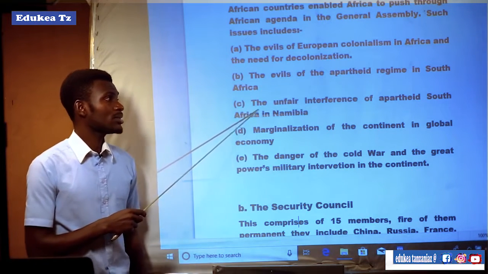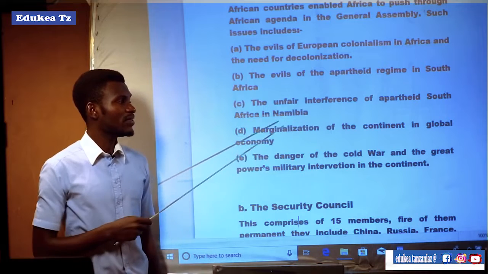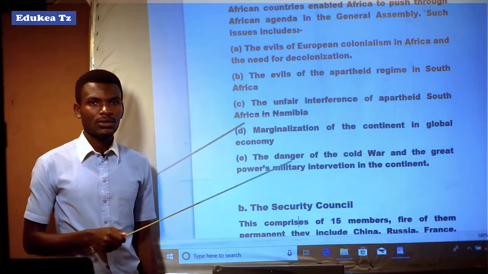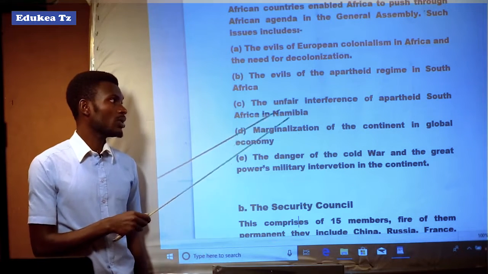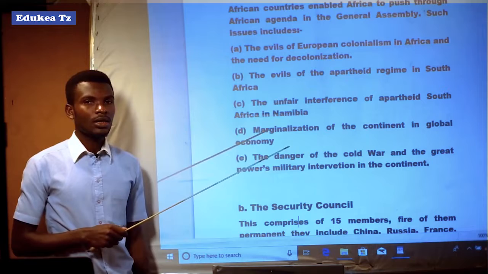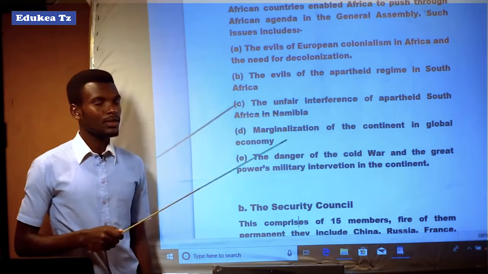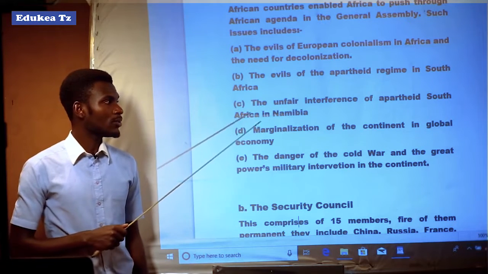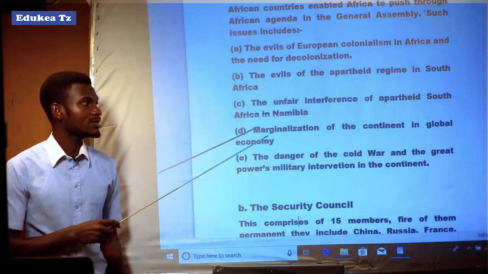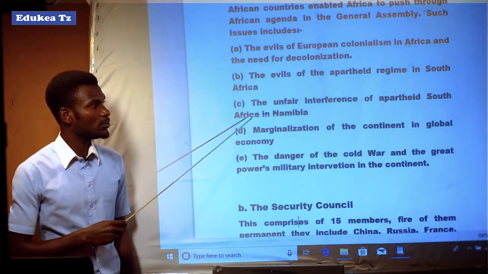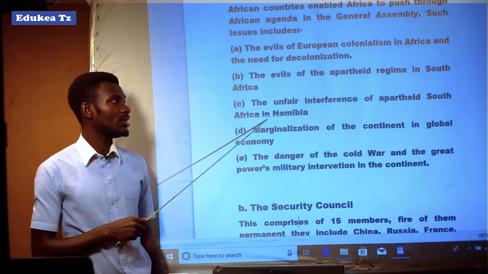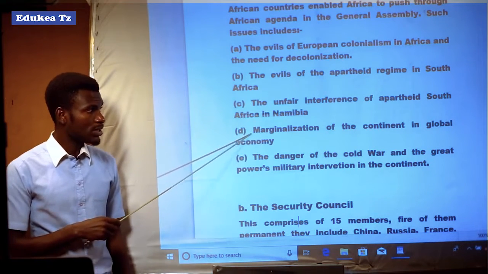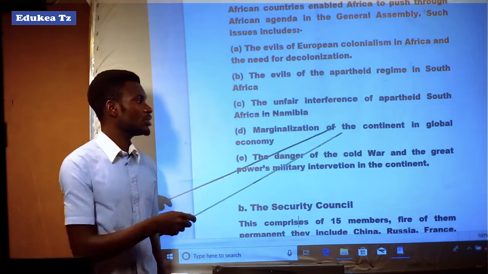The third one was the unfair interference of apartheid South Africa in Namibia. Another was the marginalization of the continent in the global economy.